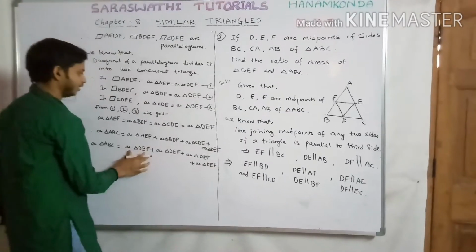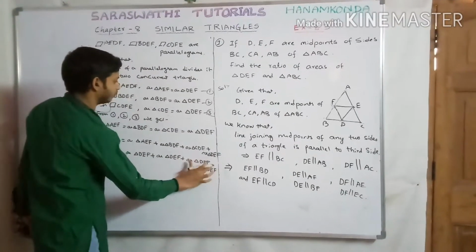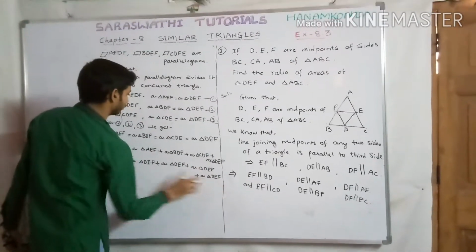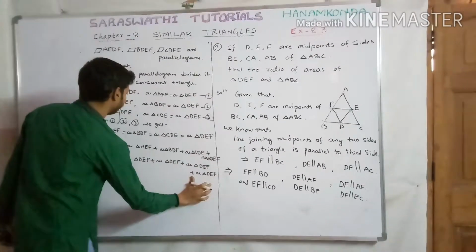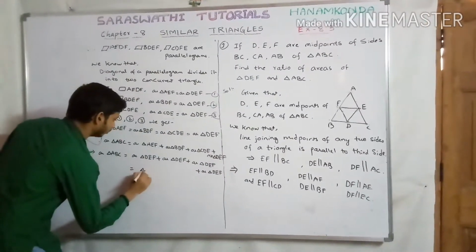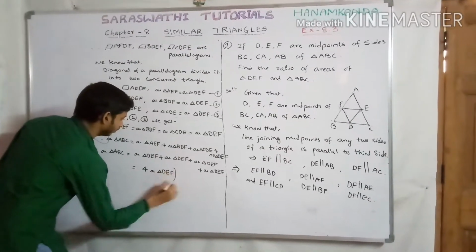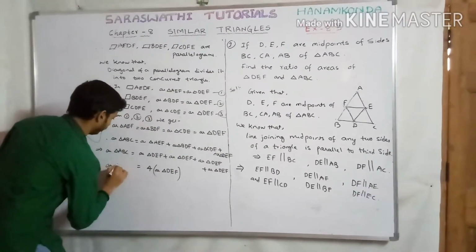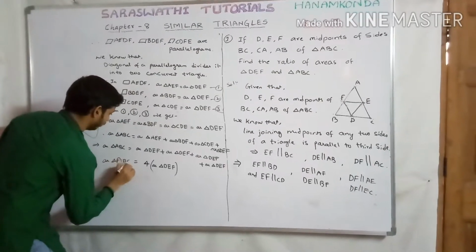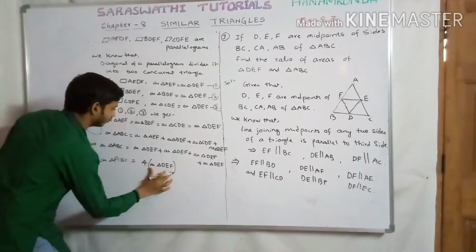So area of triangle ABC equals 4 into area of triangle DEF.